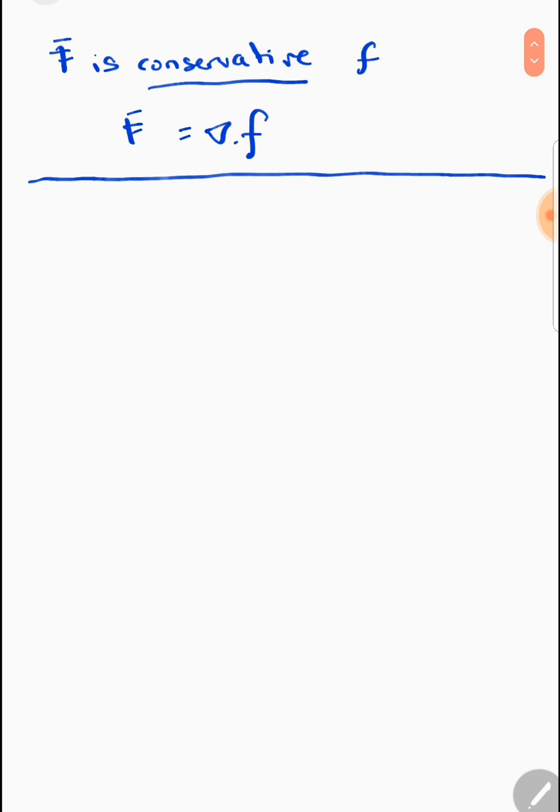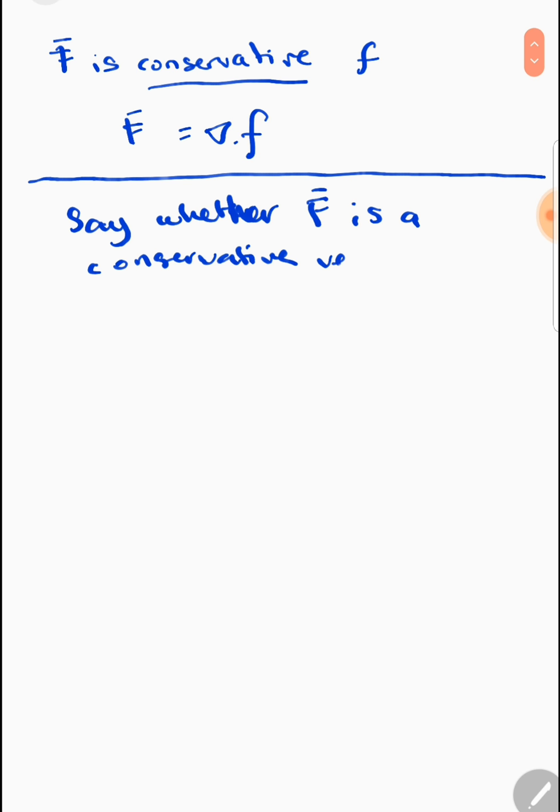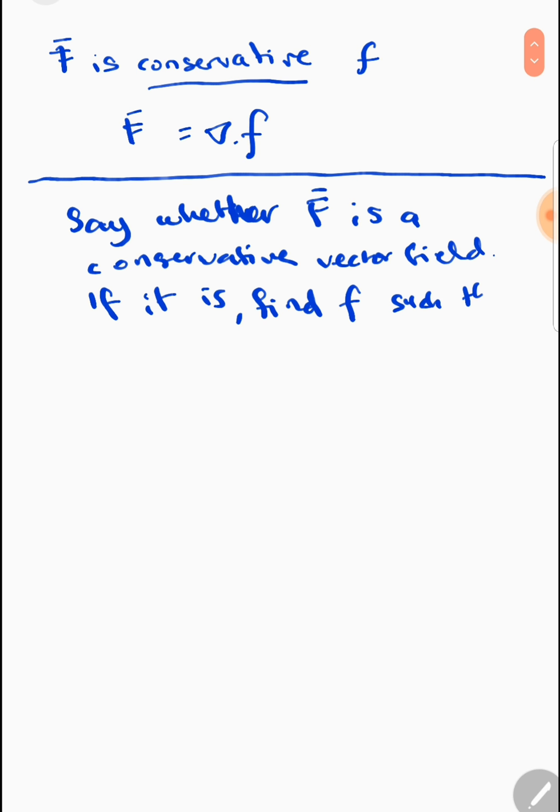For example: determine whether F bar is a conservative vector field, and if it is, find f such that F bar is the gradient.